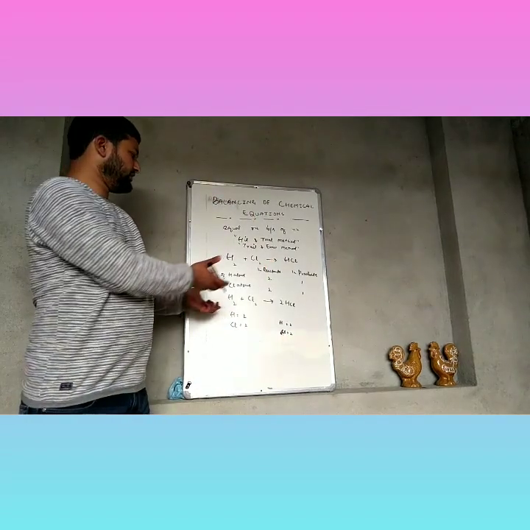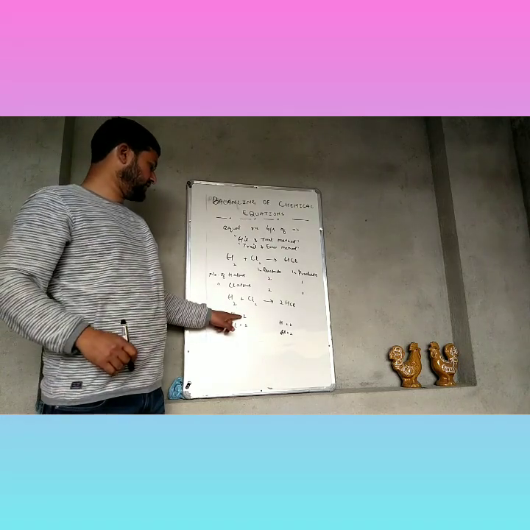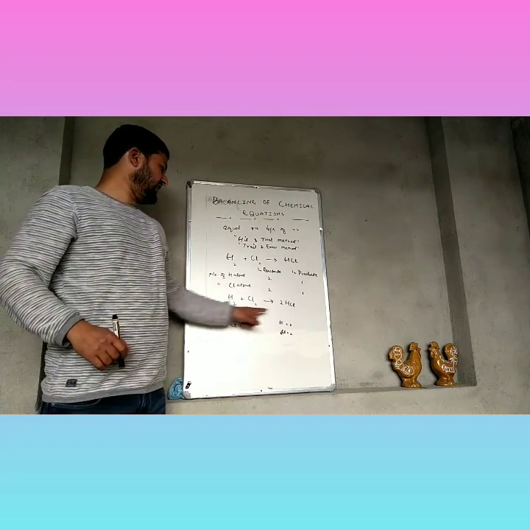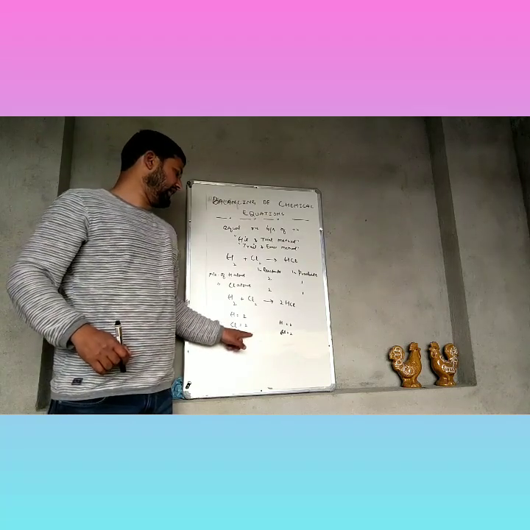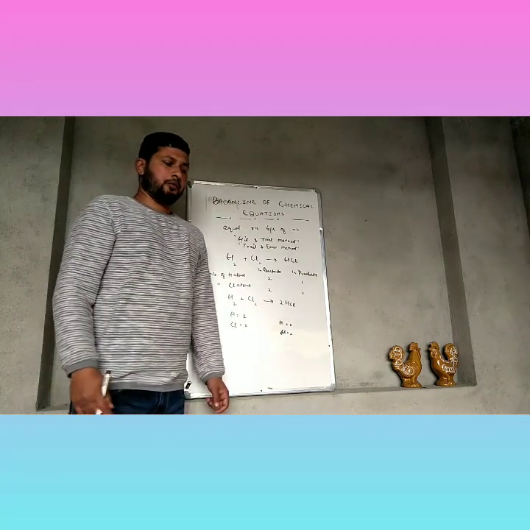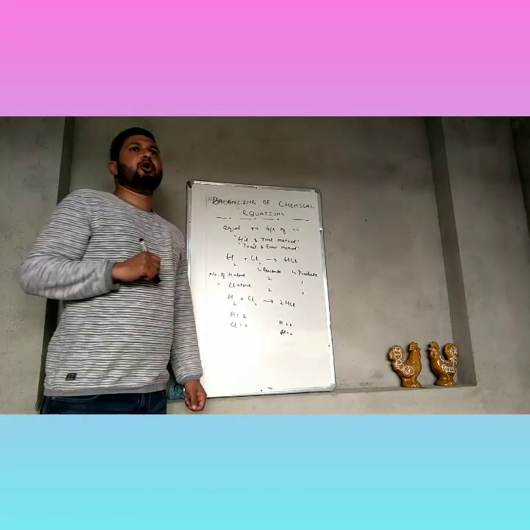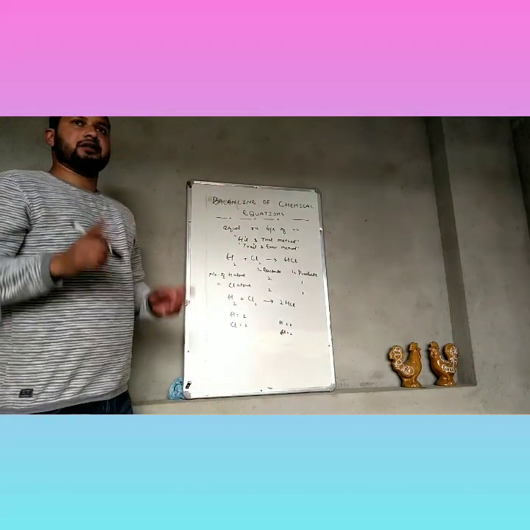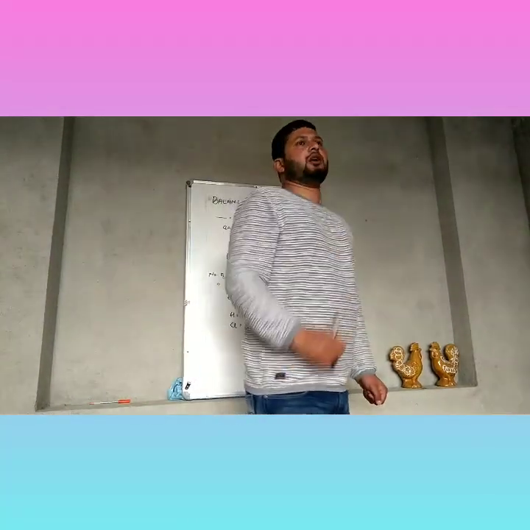So now it's a balanced chemical equation, as there are equal numbers of hydrogen atoms on the reactant side and the product side, and equal numbers of chlorine atoms on both sides.